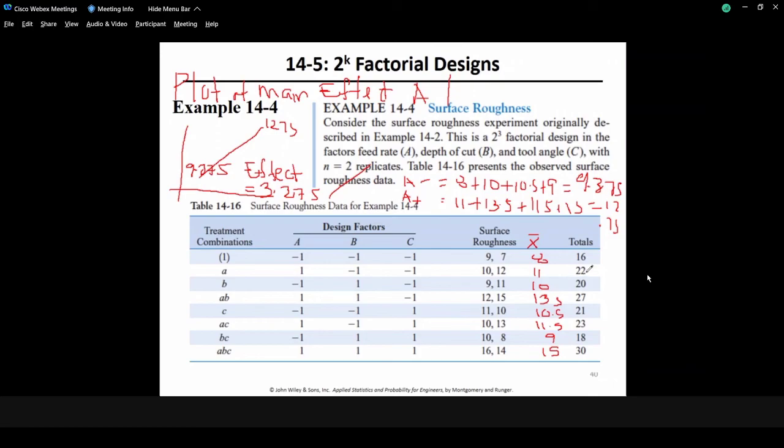If you know this, you can calculate. First, you can plot. We can try at your home.